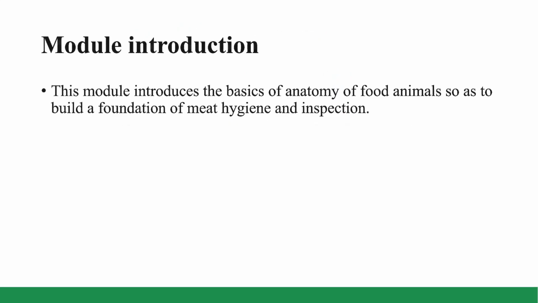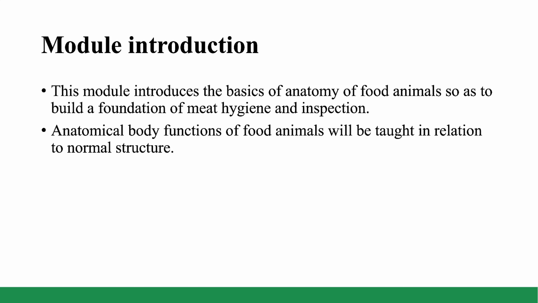This module introduces the basics of anatomy of food animals, so that it will build a foundation for you as you are going to learn inspection of meat in the third year. Specifically, this module is going to be taught in relation to normal anatomical structure.